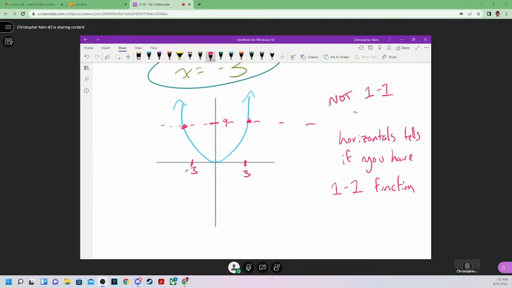So if it fails the horizontal line test, it is not 1 to 1. Similarly, if it fails the vertical line test, whatever you have is not a function. Your graph is not a function. Horizontal tells you if it's 1 to 1. Vertical tells you if it's a function or not. So those are two little skills. If I make a horizontal line, it touches my graph at more than one spot.